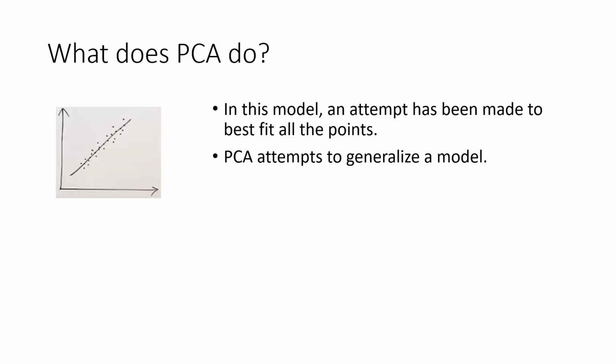Now, what actually does PCA do? This line, or let us say this function, or this model or hypothesis of ours, has been generated and this model has been trained on some data. Fine. Now, as we can clearly see in this model, there is an attempt to best fit all the points.